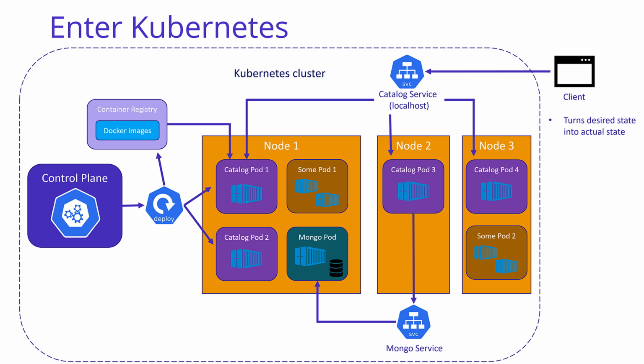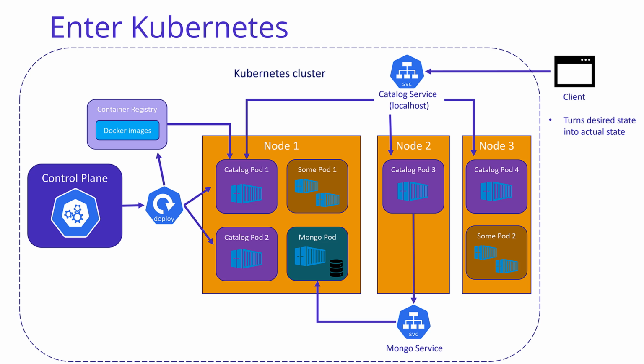And so in terms of benefits of using Kubernetes, one of the main things is the ability to turn desired state into actual state. So like I said, we create a deployment object where we say, hey, I want 3 copies of the catalog service. So that's a desired state.